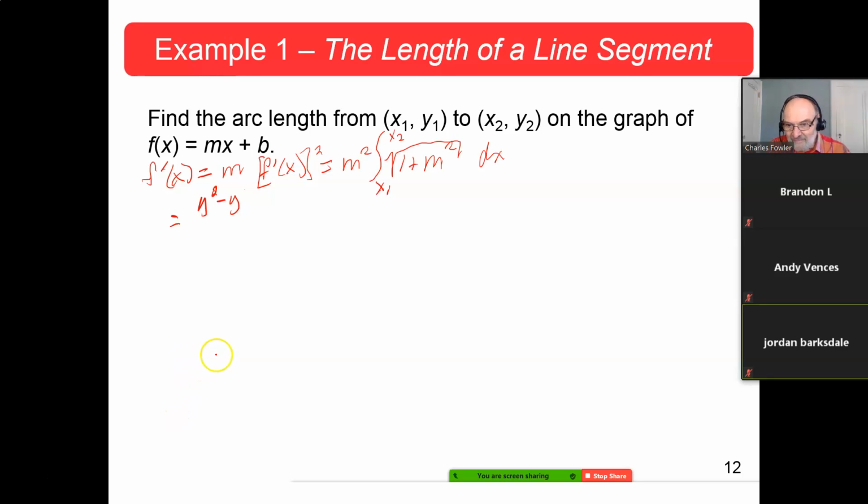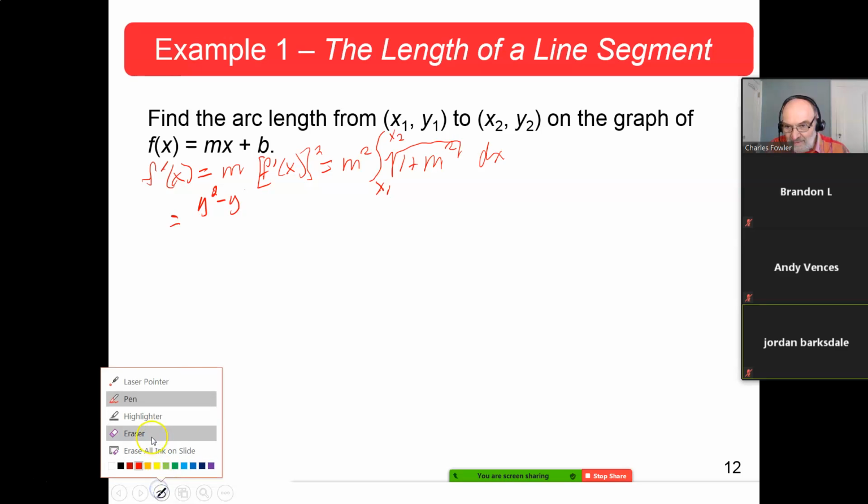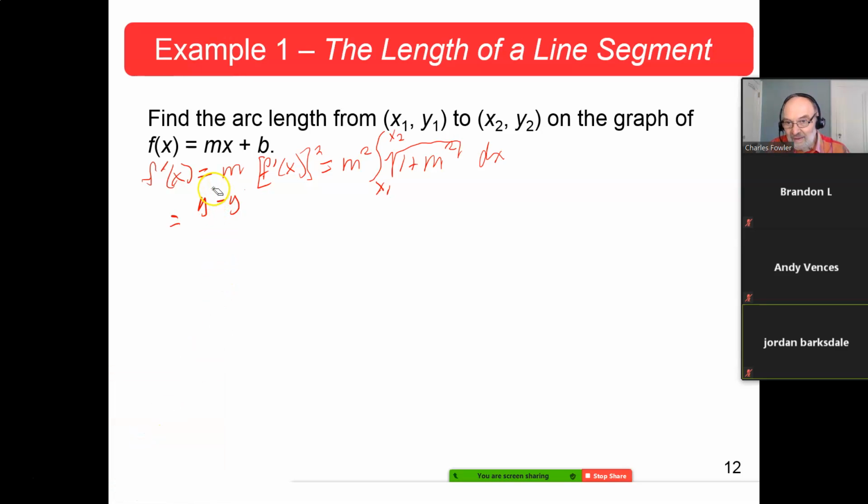Let me find my eraser. Okay. So nice, I found that. y2 minus y1 over x2 minus x1. This almost turns into an exercise in futility. Okay, but let's do it.